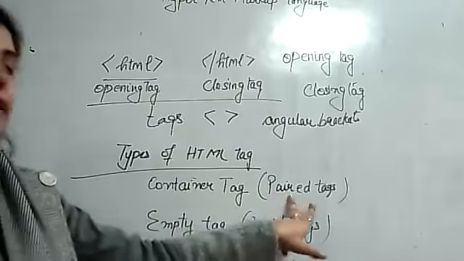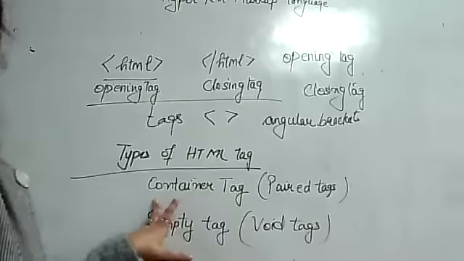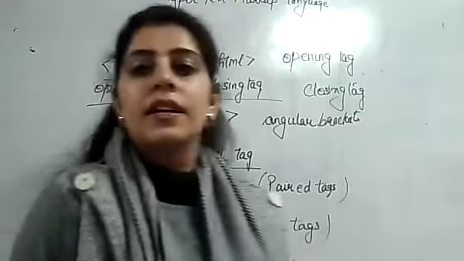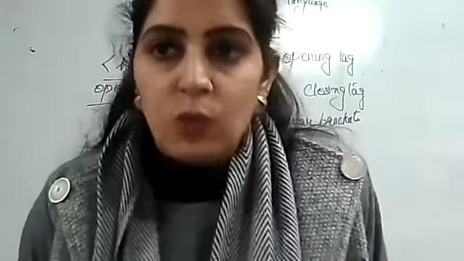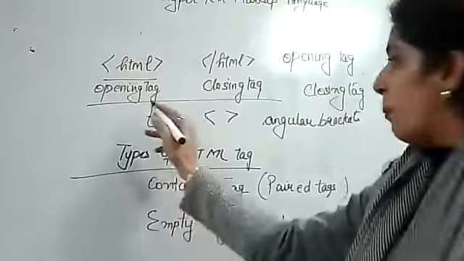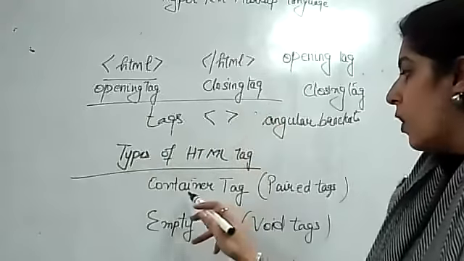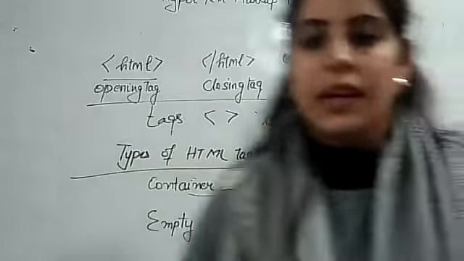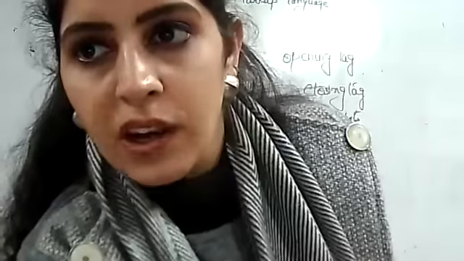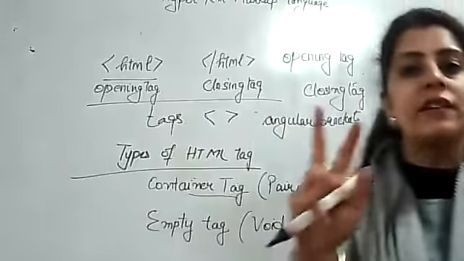Now, what are paired tags or what are container tags? Write down the definition. The container tags are the tags which have both opening as well as closing tag. So that is called container tag. Container tag में opening tag भी होगा, closing tag भी होगा. Both the tags are there.